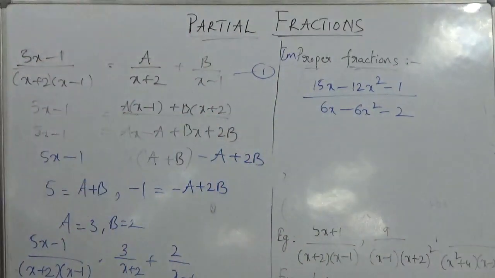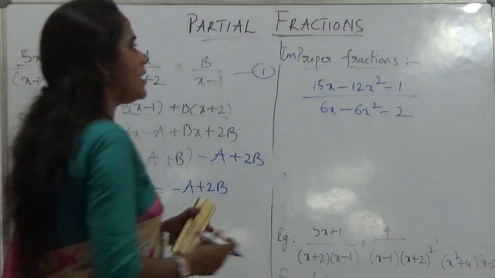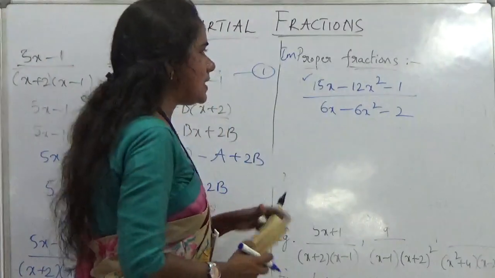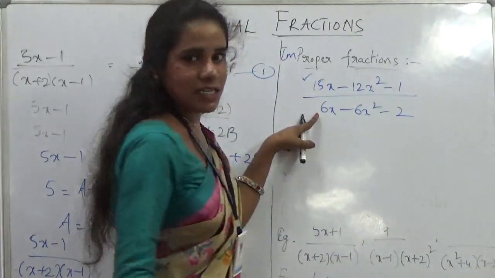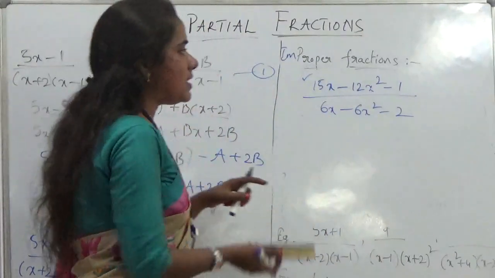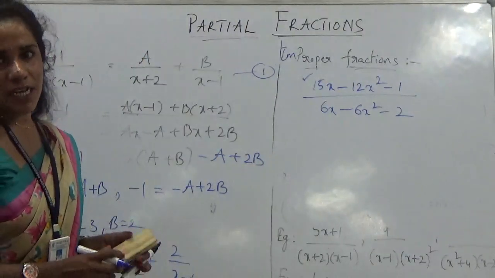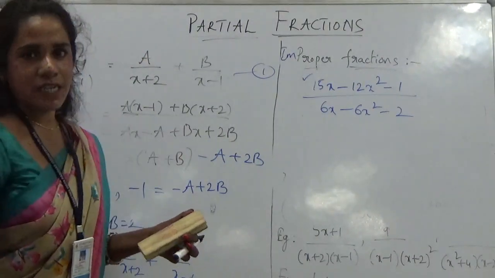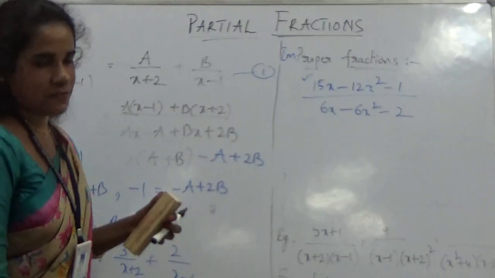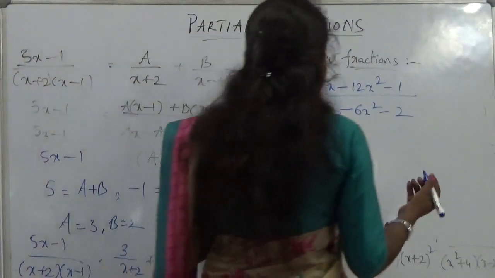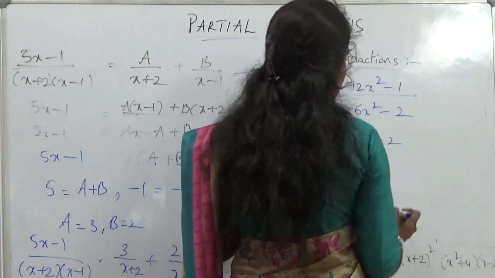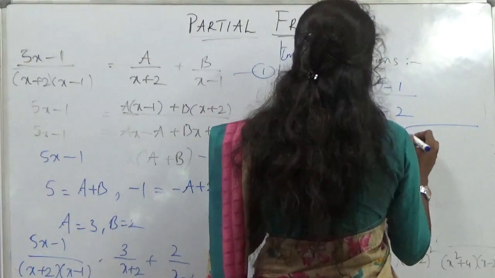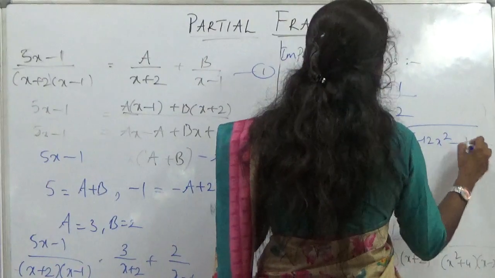So this is an improper rational fraction because the degree of the numerator polynomial is 2 and the degree of the denominator polynomial is 2. 2 equal to 2, that means it is an improper rational fraction. So first we have to convert into a proper rational fraction.